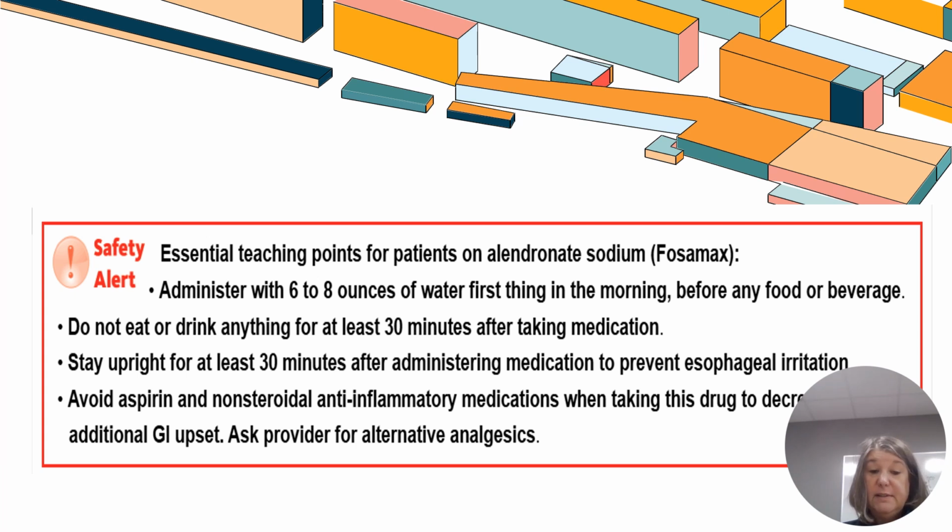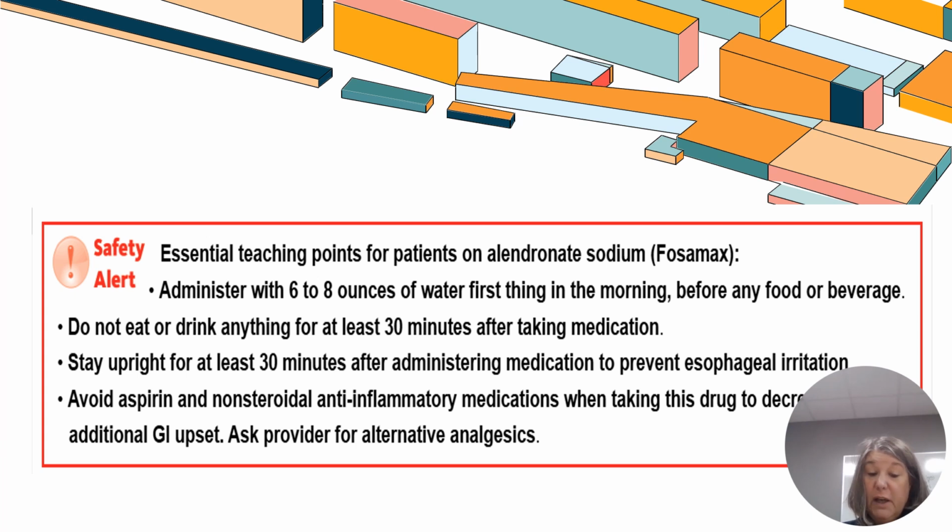Slide 13 is a safety alert, essential teaching points for patients on alendronate sodium. This is Fosamax, okay? This is one of the meds you're going to see advertised, or at least I have seen it advertised. So you have to administer it with 6 to 8 ounces of water first thing in the morning before any food or beverage.